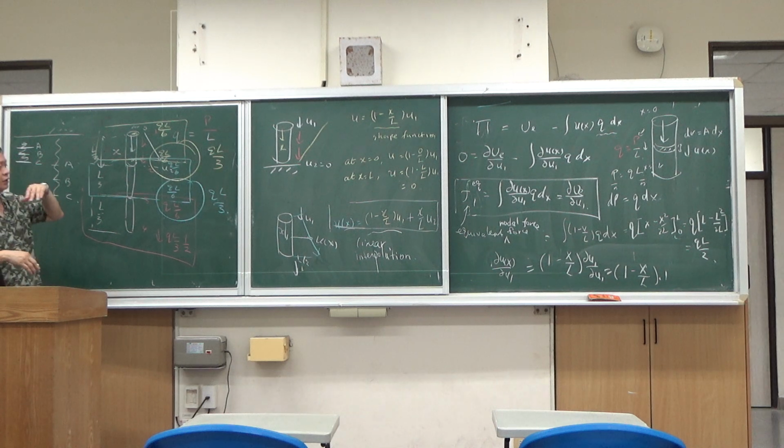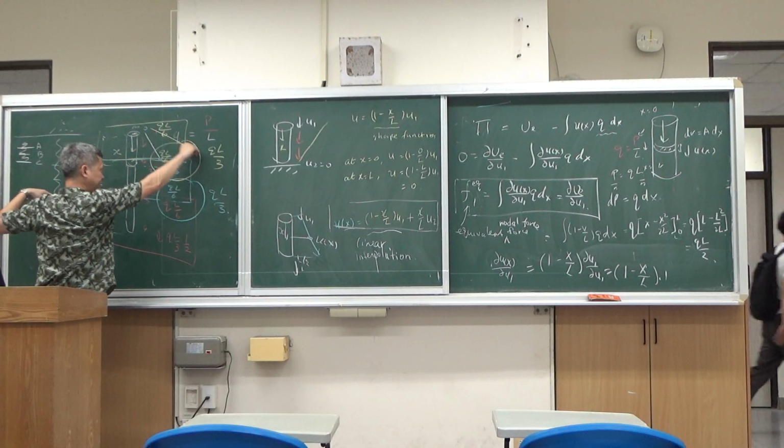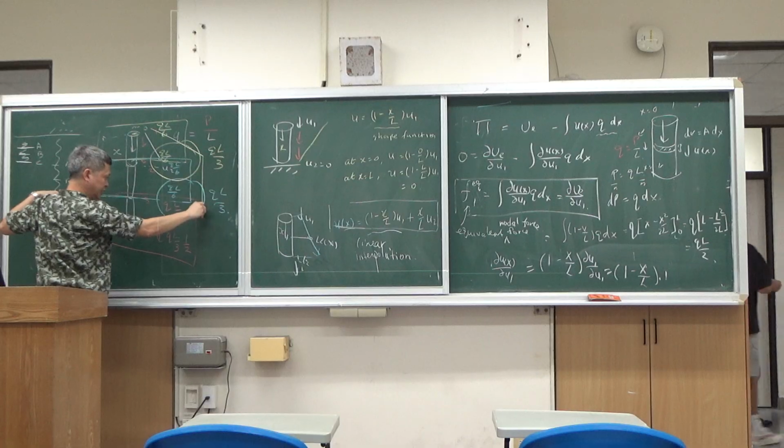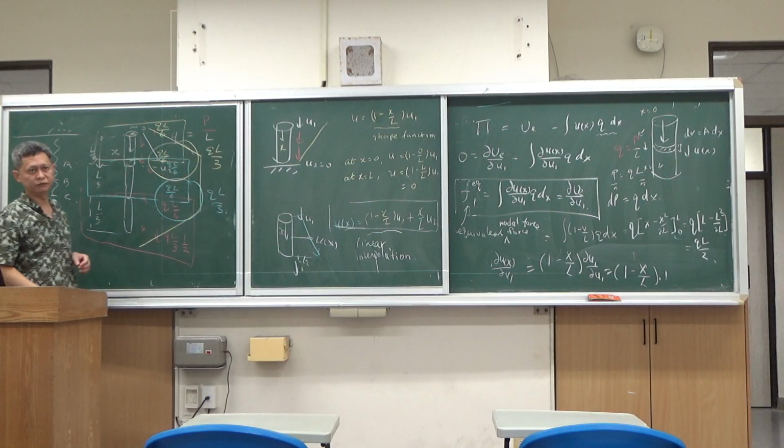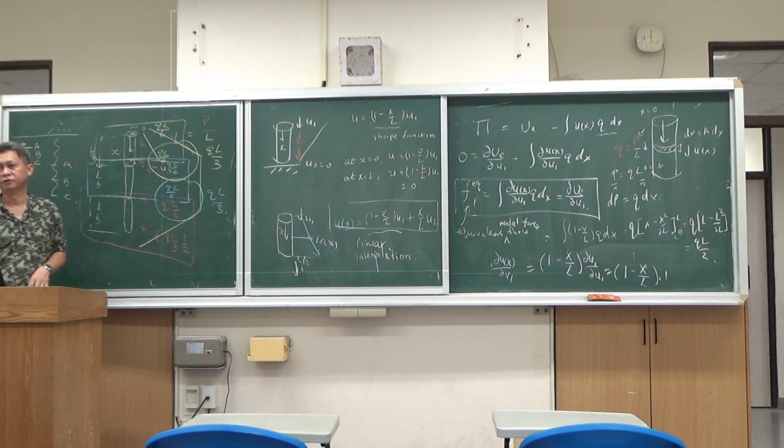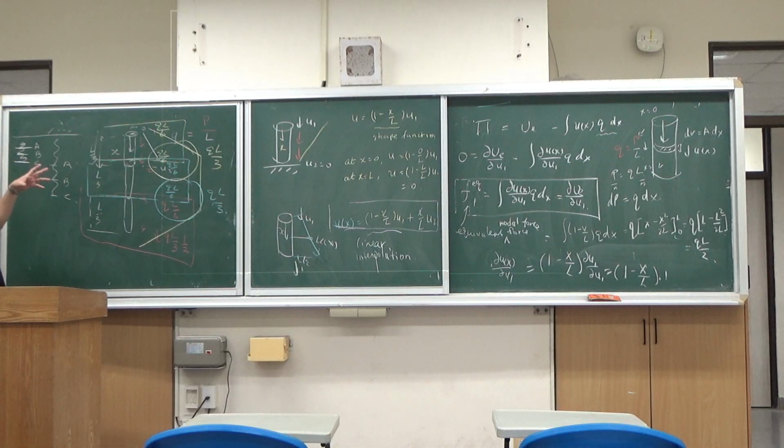If you follow the previous rule we did, you are going to have the force distribution of QL over 6, QL over 3, and then eventually QL over 6. So what you see now is a force distribution, and the distribution diagram looks roughly like this. Of course, if you have a uniform distribution, then the way you write it would be different. So this is how we do it.